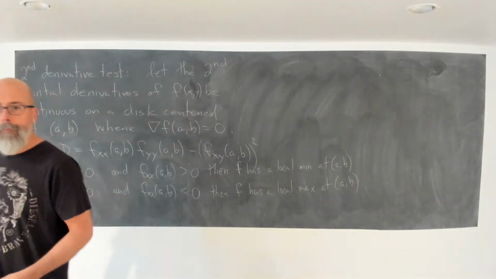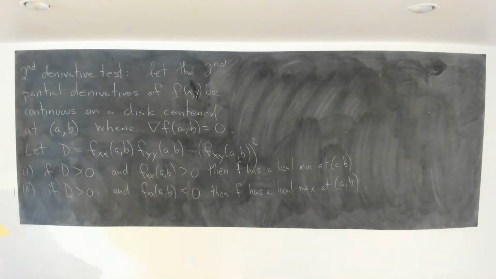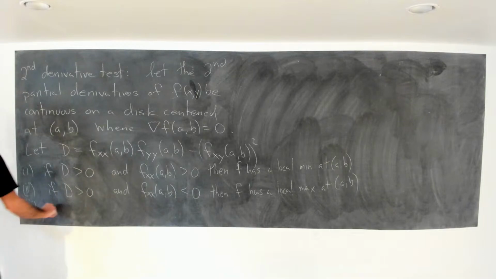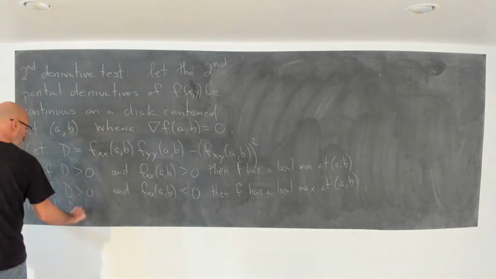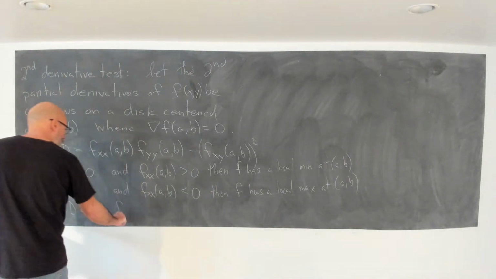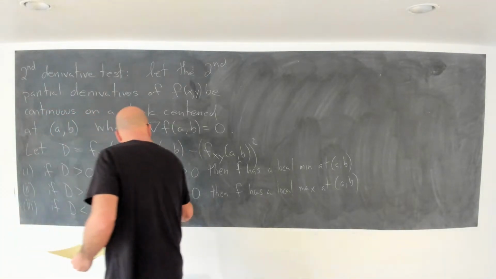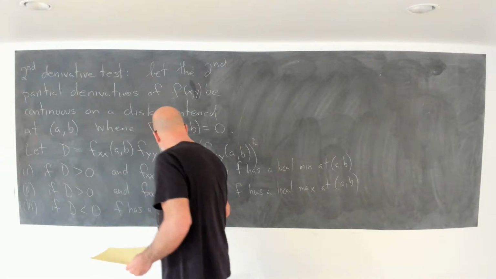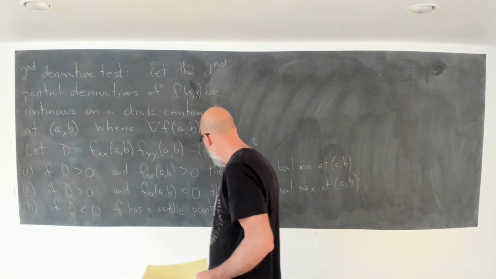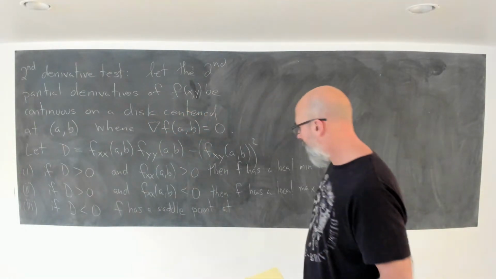And if D is less than 0, f has a saddle point at (a, b).